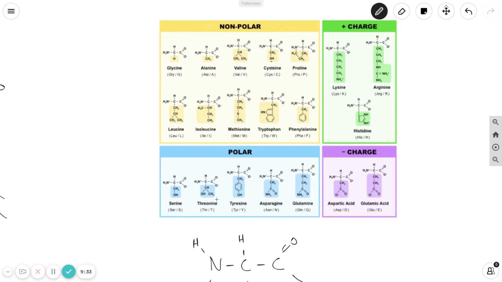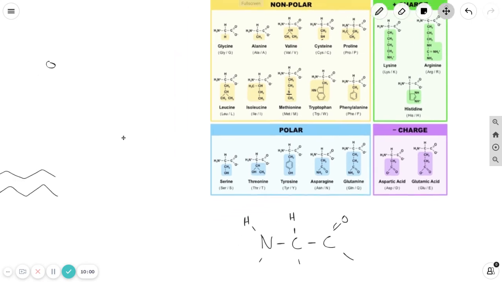Let's see what others we've got. There we go, another one, methionine. There's more. So if they've got these sulfurs, then they can form bonds with each other, called disulfide bonds.